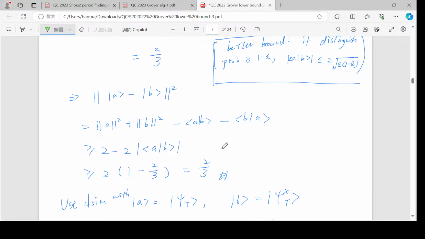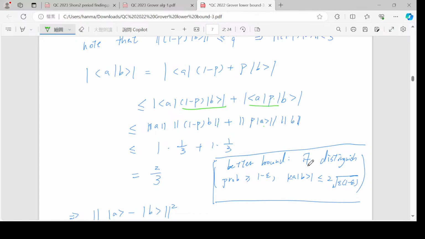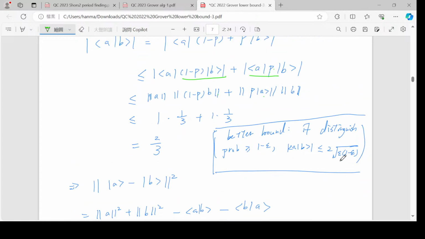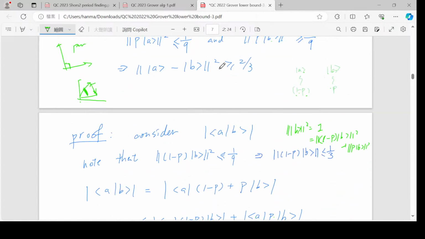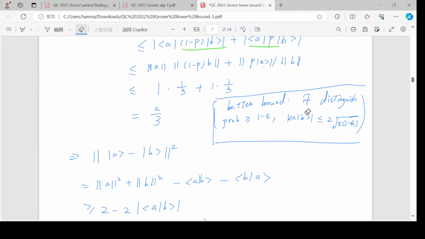Anyway, as we said, this is not a tight bound. If you bound this better, if this 1/9 here is epsilon instead, and 1 minus epsilon here, then what you can get is actually 2 square root of epsilon times 1 minus epsilon.